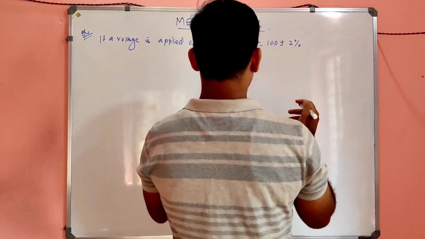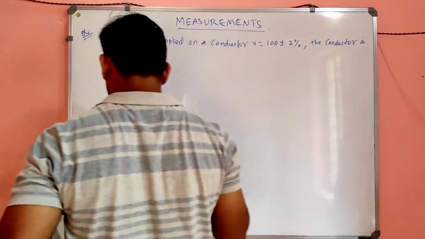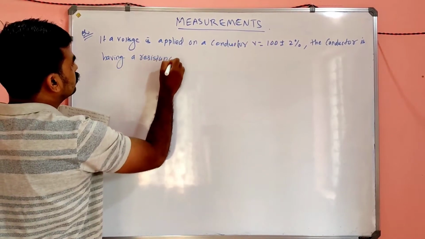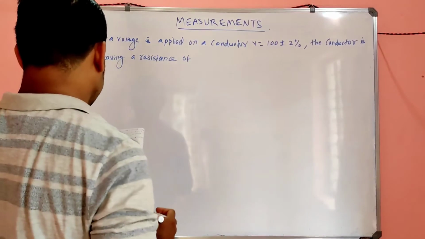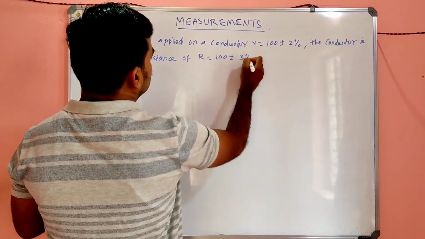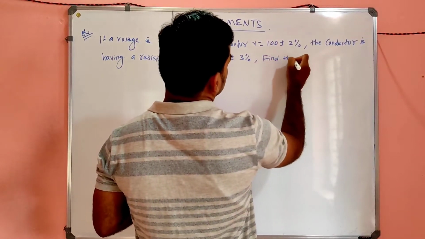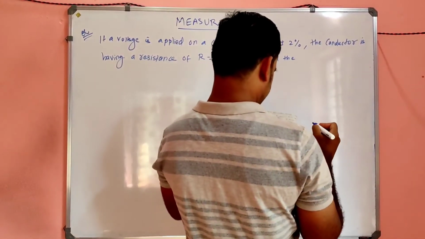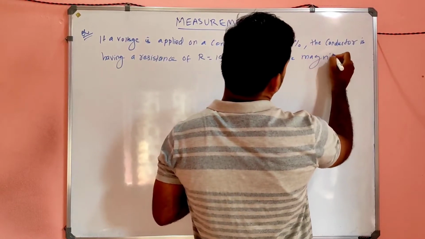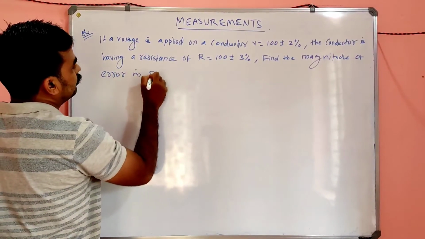The conductor is having a resistance R equal to 100 plus or minus 3%. Find the magnitude of error in power.